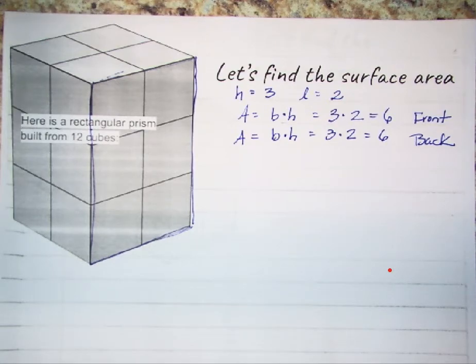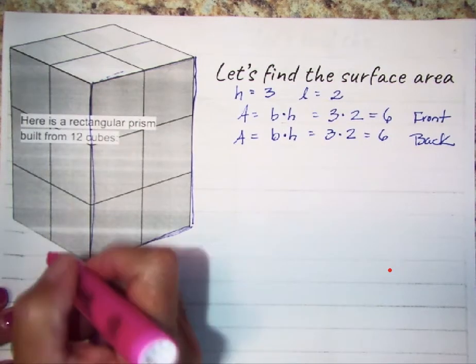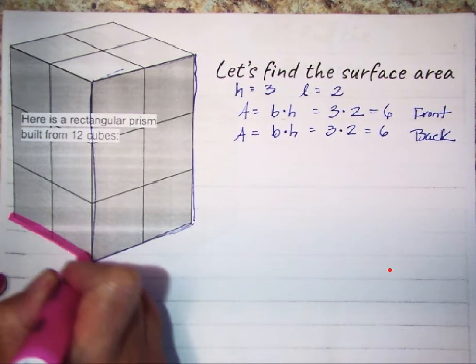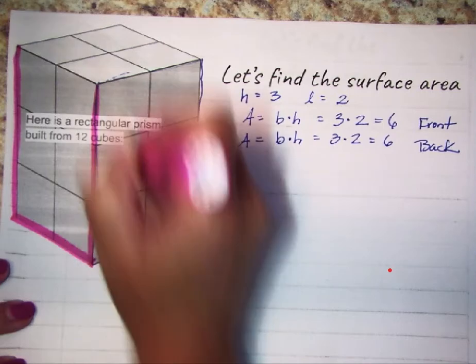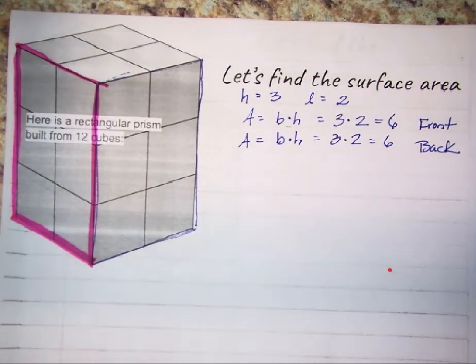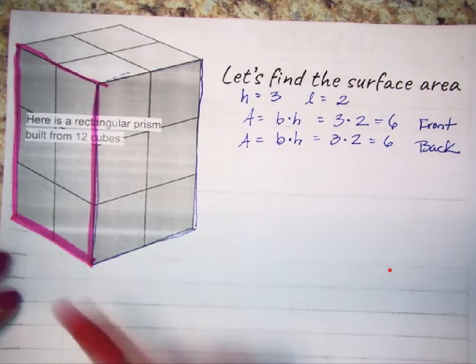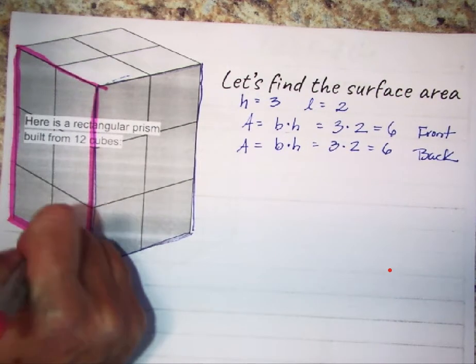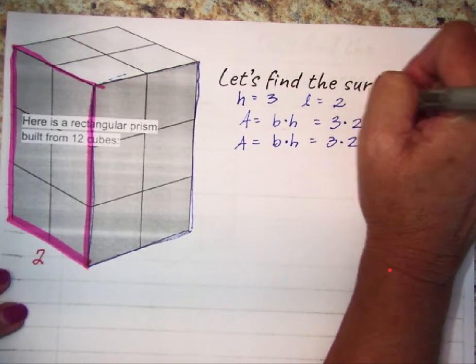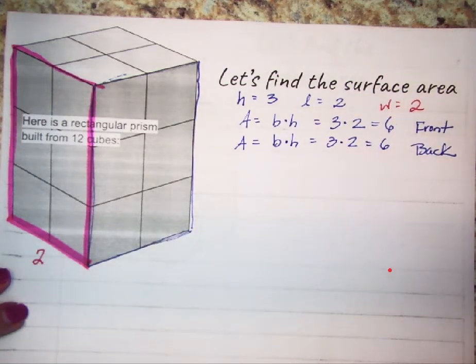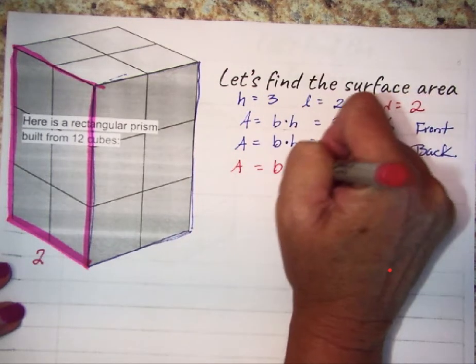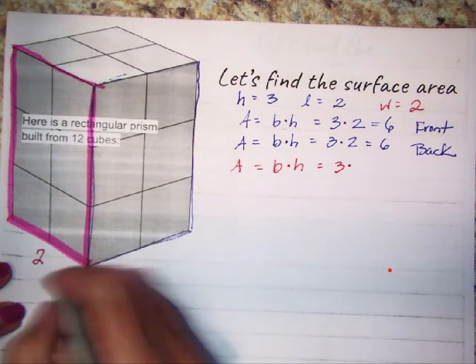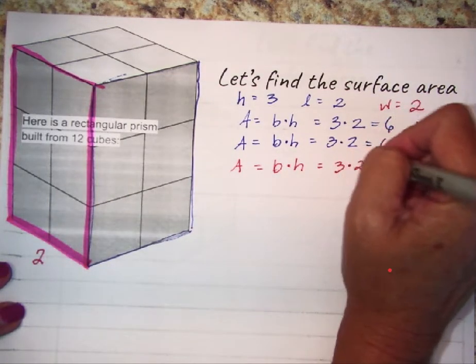All right, now I'm going to transition for a minute to a highlighter. I think you'll be able to see it better. We're going to make these the sides. We already know the height, right? We're going to call this the width, and it's 2. So area equals base times height equals 3, which is my height, times 2 equals 6.